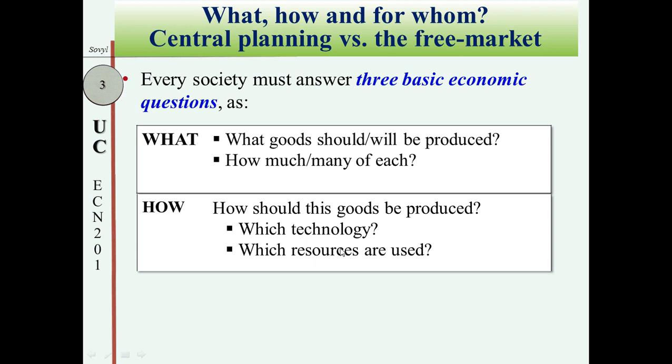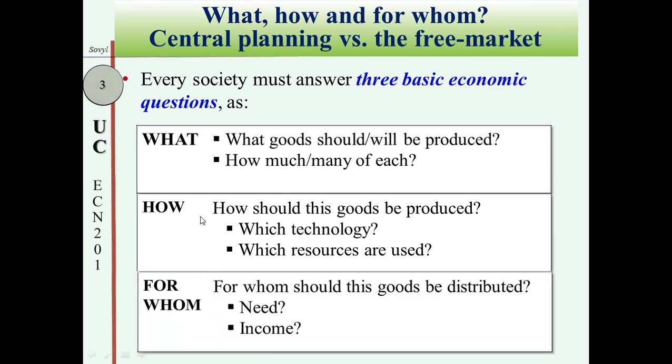Those technology and resources are available in this country or that country. Can our country use this technology and these resources to produce this good? Suppose we have the technology and resources to produce the good we have decided on.